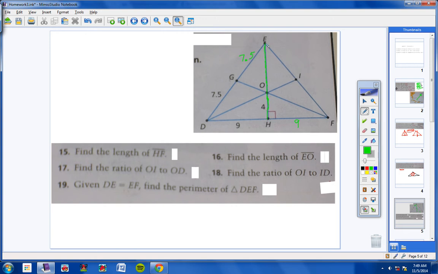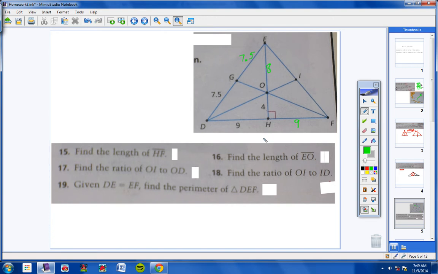The distance from here to here is 2/3 the entire distance across. So what I taught you guys was this. The shorter distance here is always half this distance here. Okay, so if HO is 4, then OE has to be 8, and the whole length would be 12, okay?